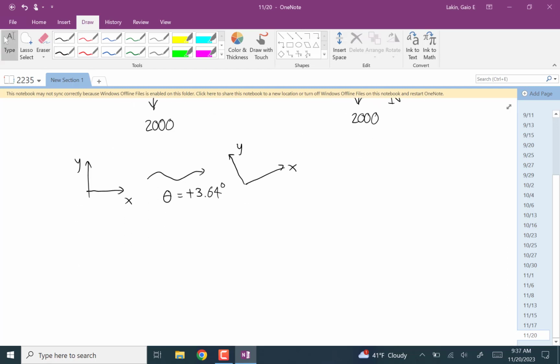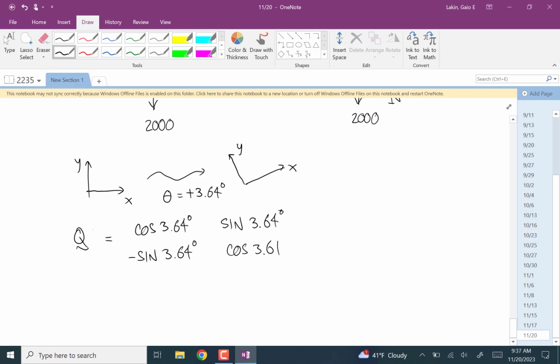And so the rotation matrix is cosine of 3.64, sine of 3.64, negative sine. It serves the same purpose as the arrow over vectors.